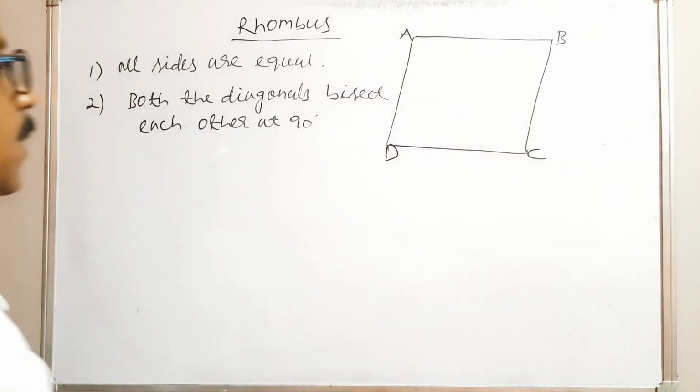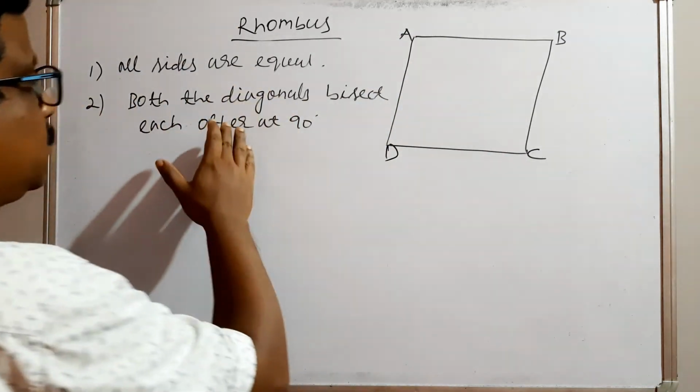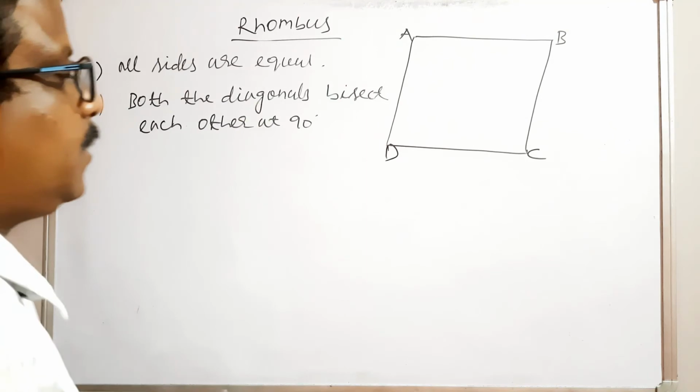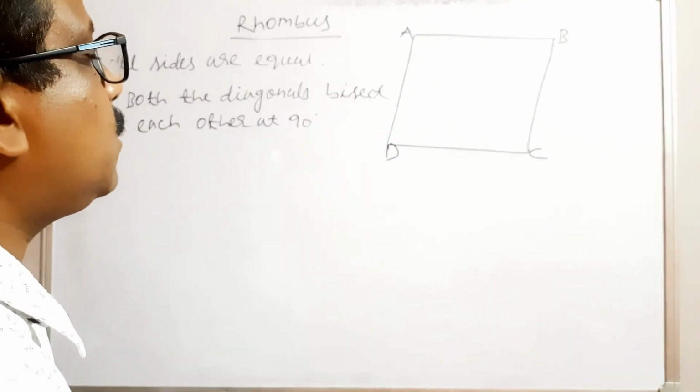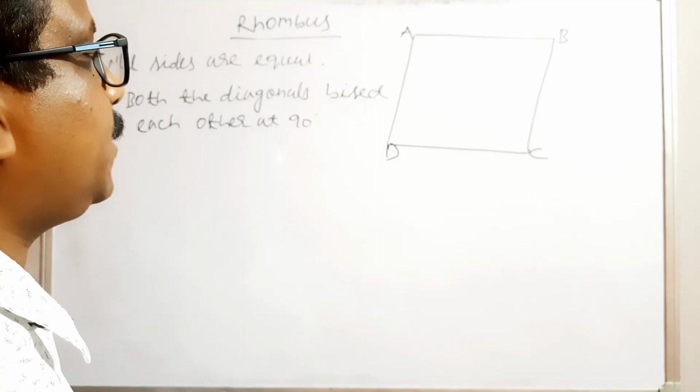So after satisfying all the properties of a parallelogram, a rhombus has some extra properties: all sides are equal and the diagonals bisect each other at 90 degrees.